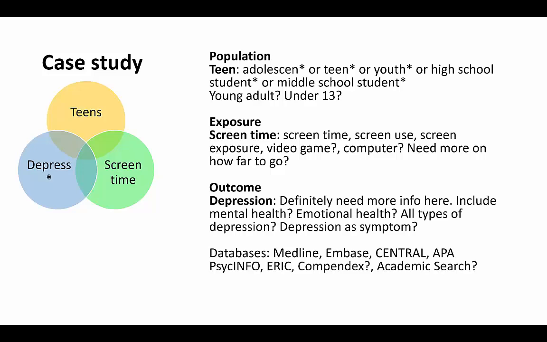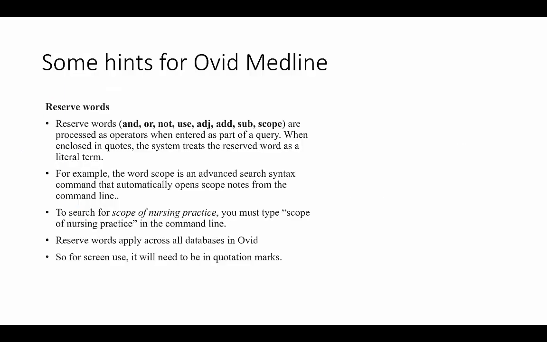And so I did put a little slide in here. It's not often that I get to talk about this as an issue. It's just when I came up with this as an example and I did my search, I was like, oh yeah, I forgot about that. So in Ovid Medline, and, or, not, use, ADJ, all of these things that are in bold are operators, so they mean something.